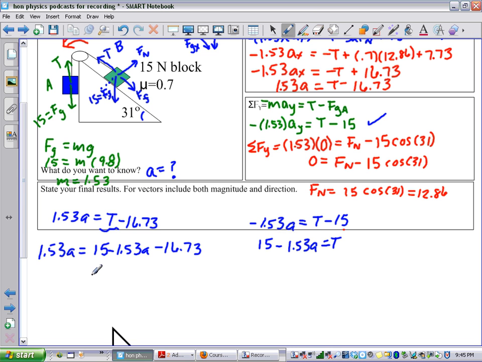Okay. Now I've got two a terms and two terms without any variables, so I'm going to move my a's to the left and leave my other ones over here.